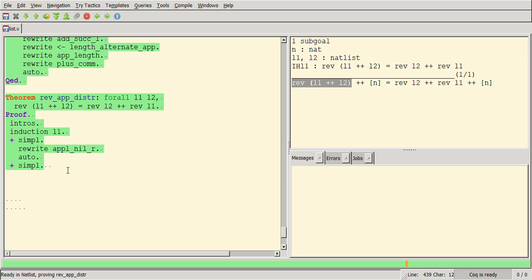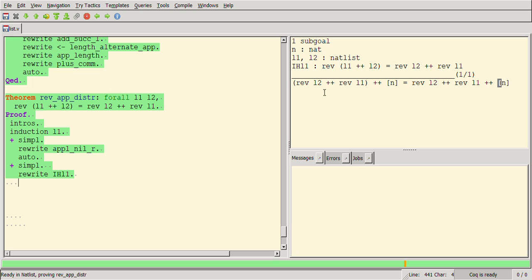So let me rewrite inductive hypothesis on L1, and this replaces this term with this term, because this left hand side is exactly equal to this expression. Okay, so we reduced it, and I think now both left hand side and right hand side are exactly the same, or not. Let me see.